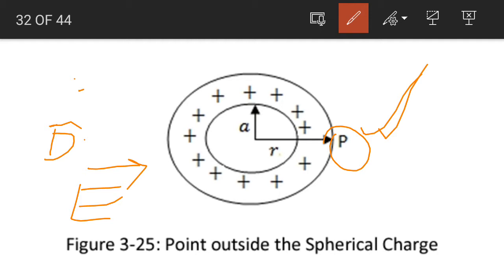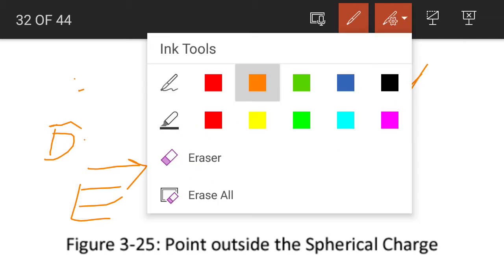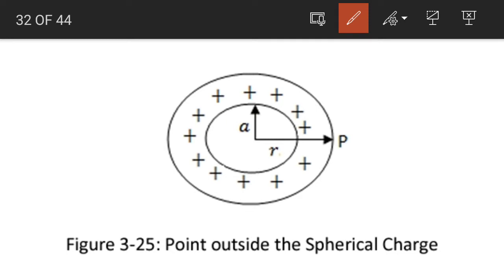In order to calculate the electric flux density or the electric field intensity at this particular point, we consider a Gaussian surface for the application of Gauss law. And the Gaussian surface is in the form of a sphere of radius r.